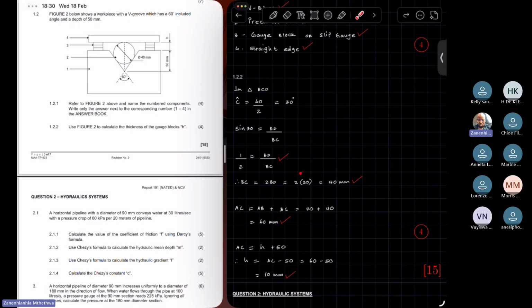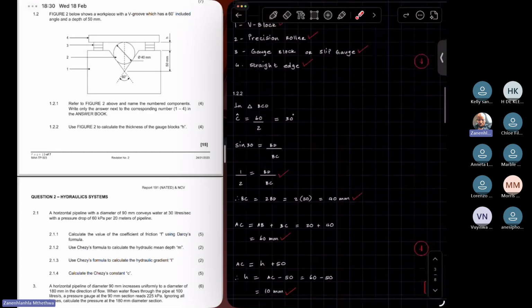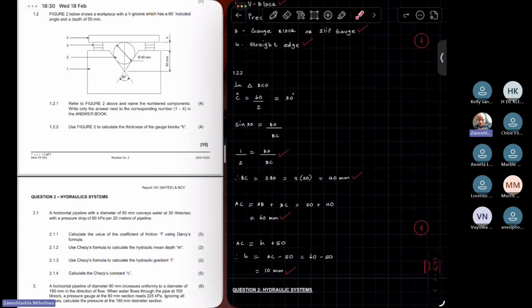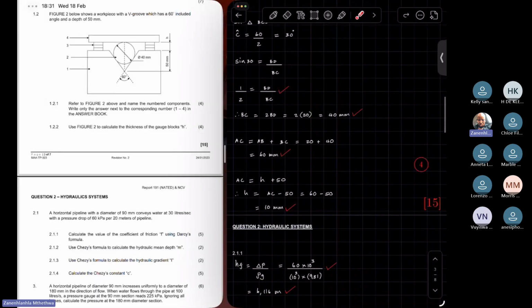So 2 times 20 is equal to 40. So BC is equal to 40 millimeters, which means now we can get AC. Remember, we had already established that AC is equal to AB plus BC, which means AC is equal to 20 plus 40, which is 60.